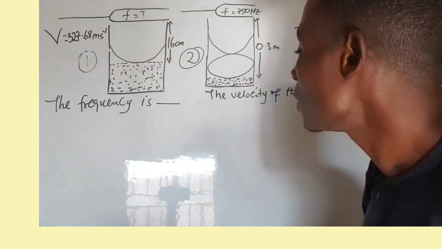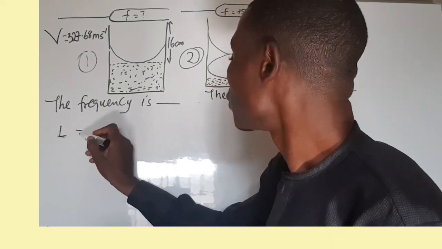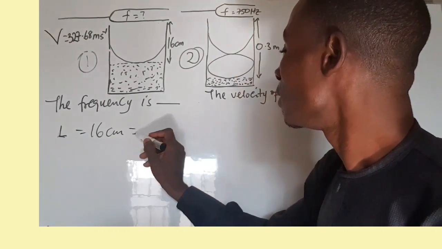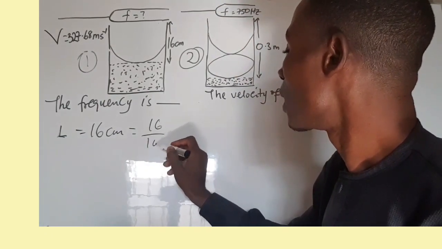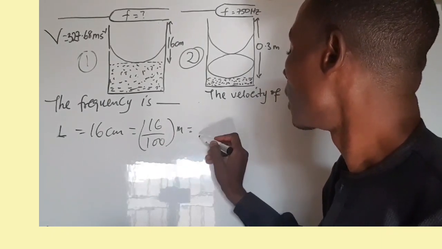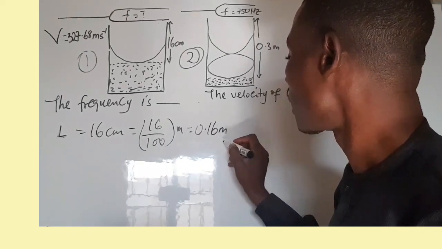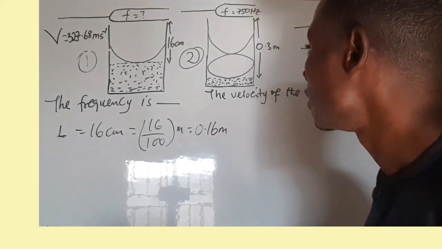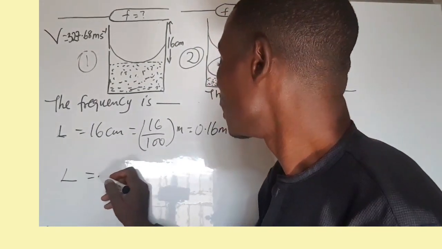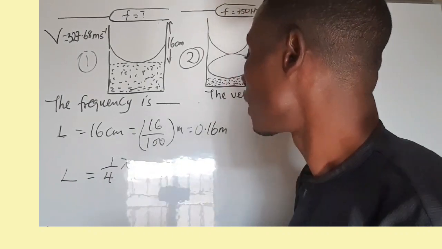It simply means that the L, which is given as 16 centimeter, we need to convert. This is 16 over 100, taking it to meter, and this is going to give us 0.16 meter. That means the length is 0.16 meter.